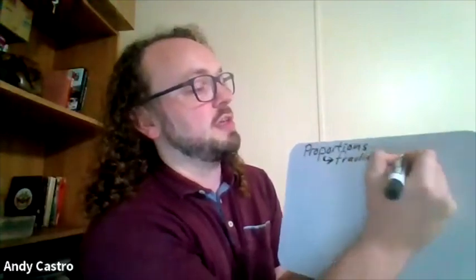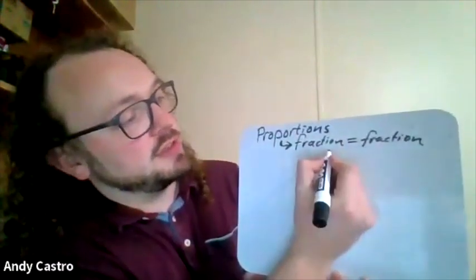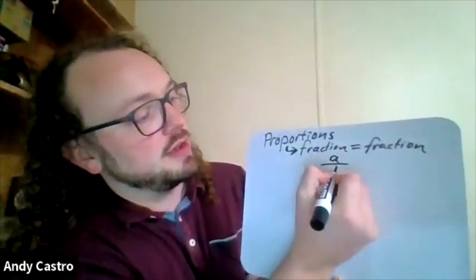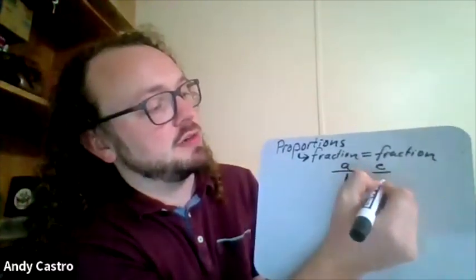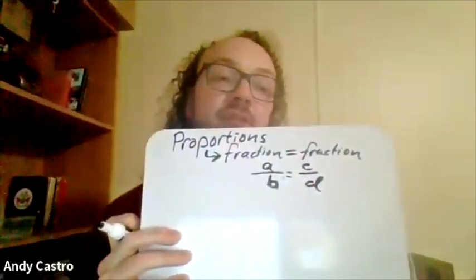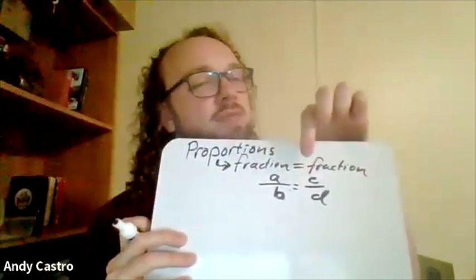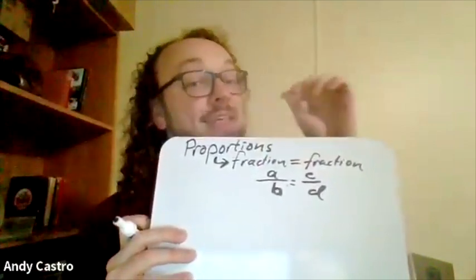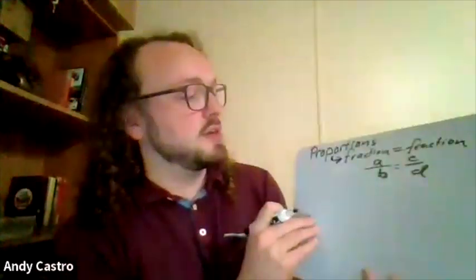A proportion is a fraction equal to a fraction. So a proportion looks like A over B equals C over D. Right? And what a proportion tells me is that these two fractions, though they might have different numbers, are representing the same value and the same ratio of these numbers.